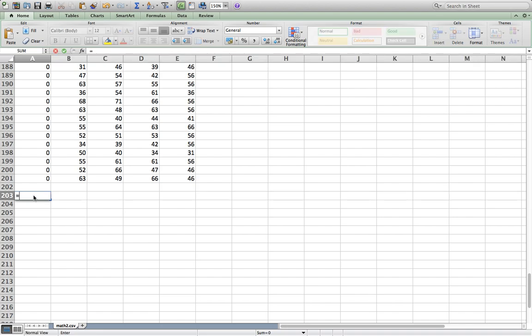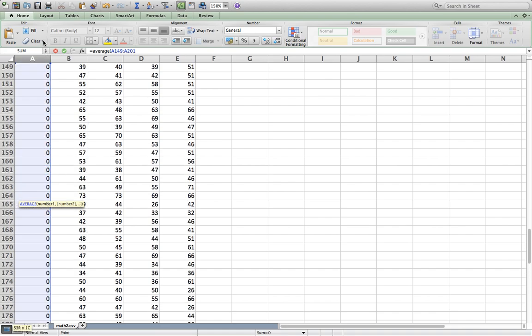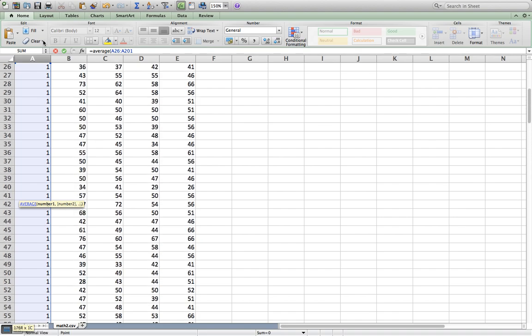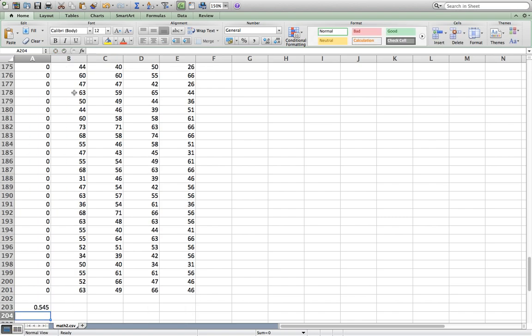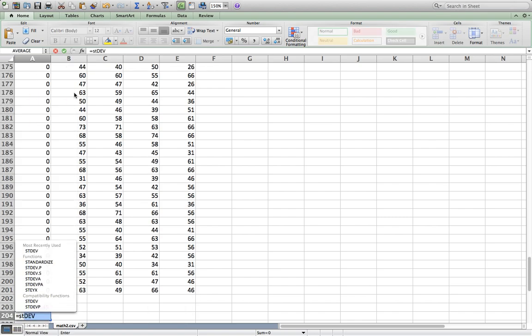So I'm going to go equal, guys, and Excel. We don't use mean, we use average. I'm going to create this for all. And then I want to do the standard deviation.